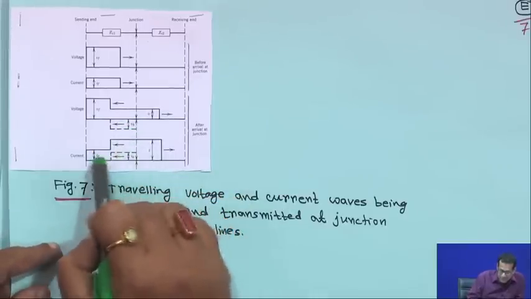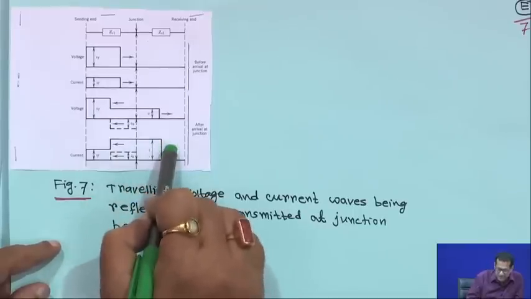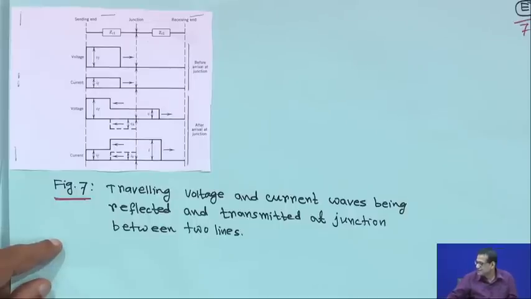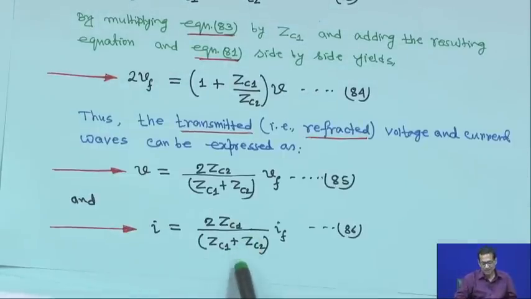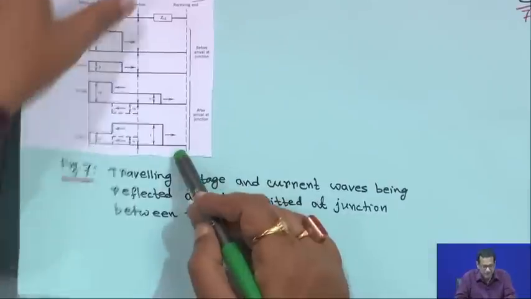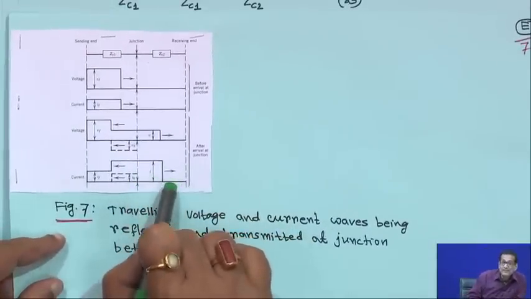So If plus Ib is equal to I, which means the refracted side will also have the same magnitude I, and you get that from this equation, 2 Zc1 upon Zc1 plus Zc2 into If. So, if there is a junction, then refraction will be there.